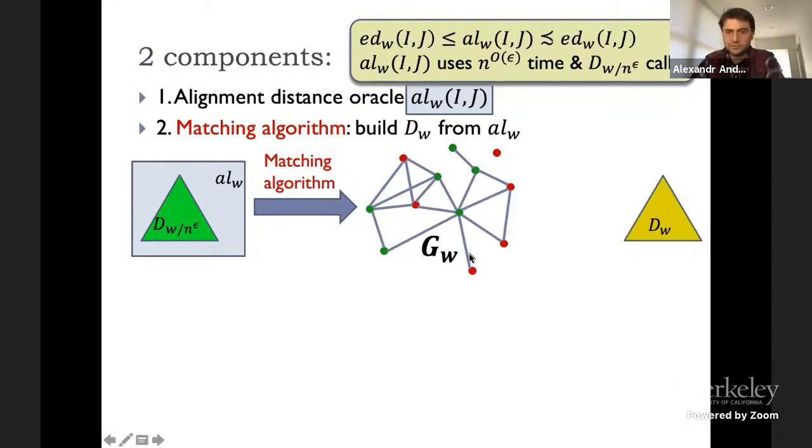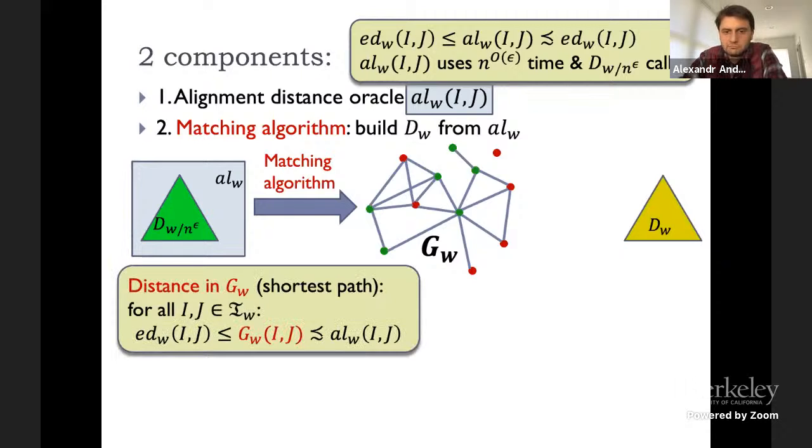Then I'll build a graph, GW, which I think about as a graph metric. It's a weighted graph, and you can define shortest path on it. Its nodes are again substrings of x and y, so there are 2n vertices in this graph GW.